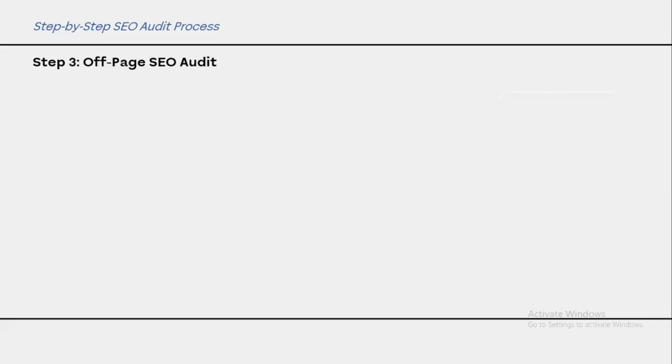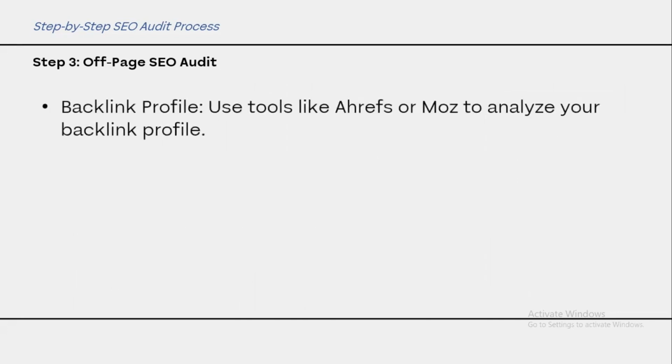Okay, then the third is off-page SEO audits. So it is important that you examine external factors that will influence your site's authority and ranking. So, right, off-page, you're looking at external influences. So backlink profile is one of those external influences, right?